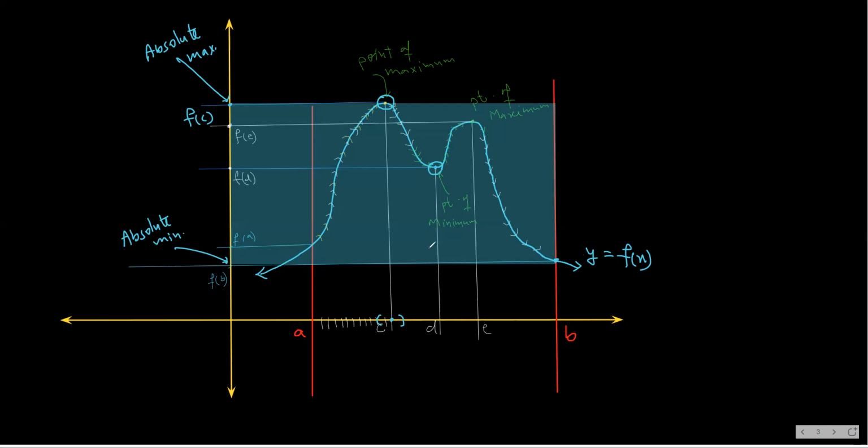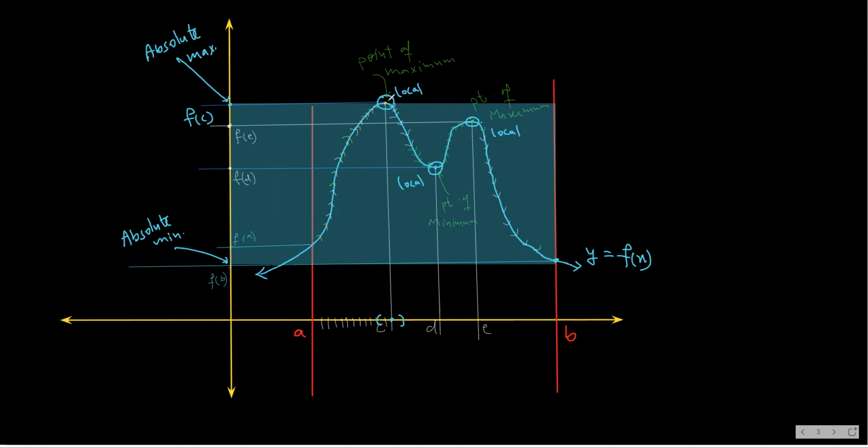But if I ask you where the function has a local maximum and local minimum, then there are three places. Two places for local maximum. See, this is a local maximum. This is also a local maximum, and this is the local minimum. But where is the absolute? The absolute maximum will be just one value.